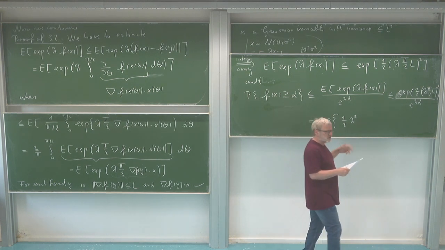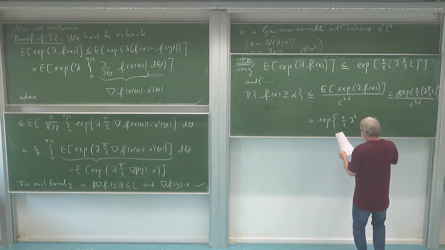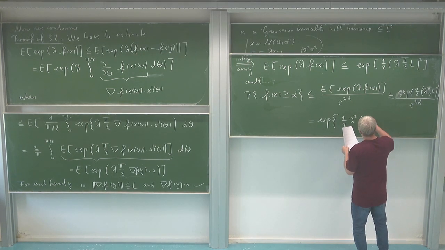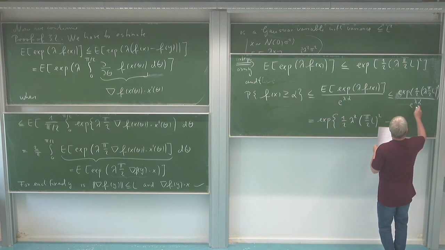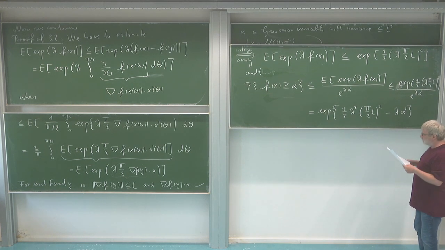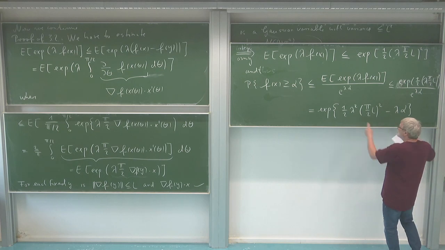I have introduced this in an artificial way. This is an inequality for all lambda, and here I have pi over 2 L squared minus lambda alpha. Good. Okay, and now I want to optimize this.